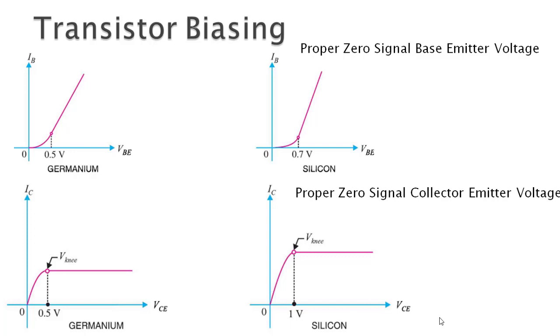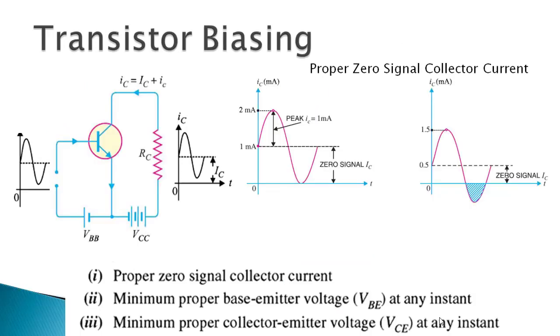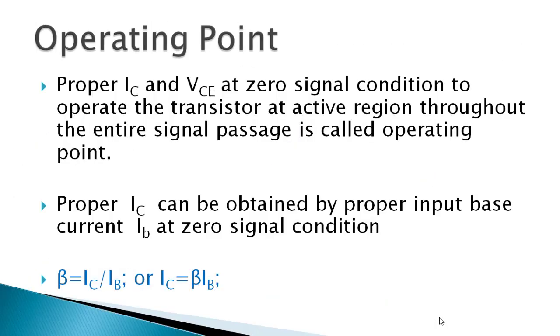So to calculate the proper value of the zero signal collector current ICQ, we use the load line and operating point. So what is operating point? The proper collector current as well as collector emitter voltage at zero signal condition to operate the transistor in the active region throughout the entire passage of the signal is called operating point.